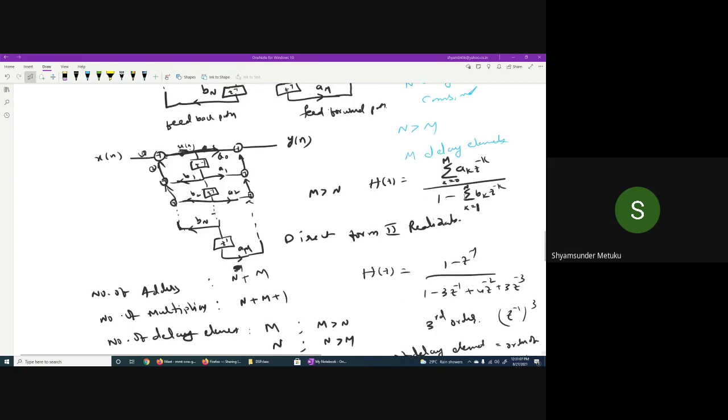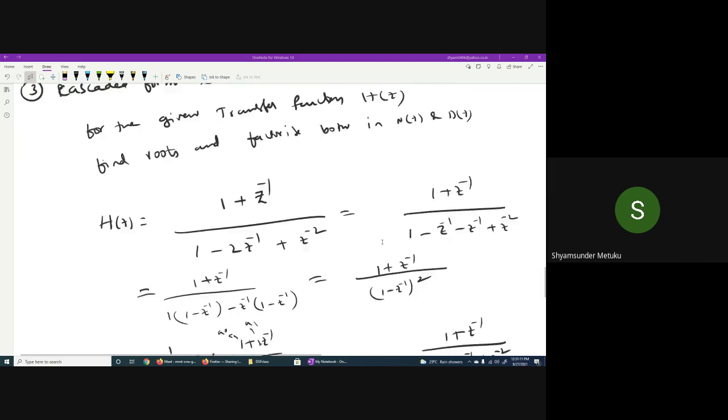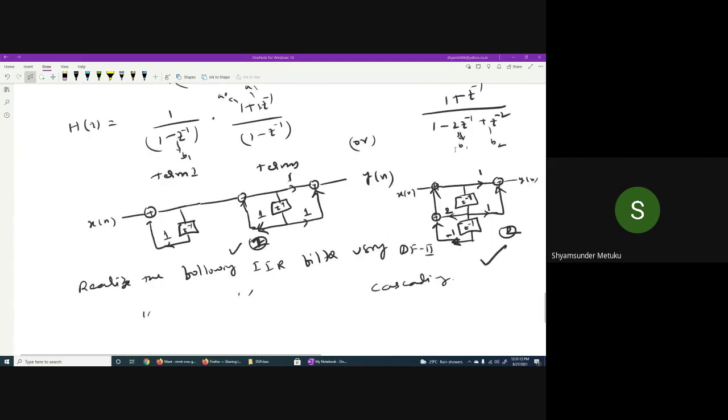If B is positive, you should write a negative multiplier here. That is what we have seen. There's no rule that all B's will have the same sign. Some B's will be positive, some negative. Your only job is to follow the opposite sign of the given coefficient in the transfer function. Is it clear? Yes, sir.